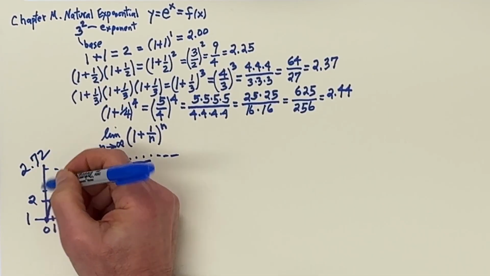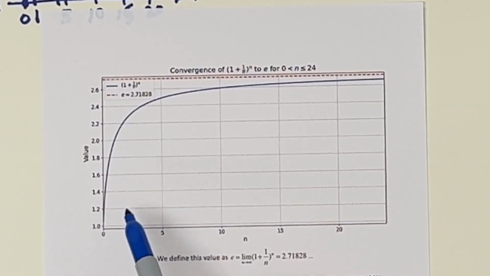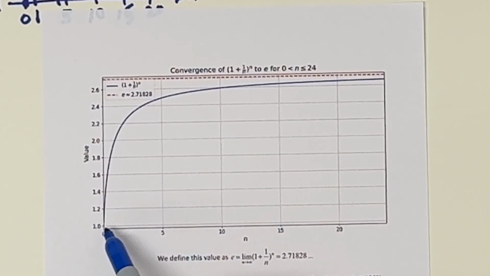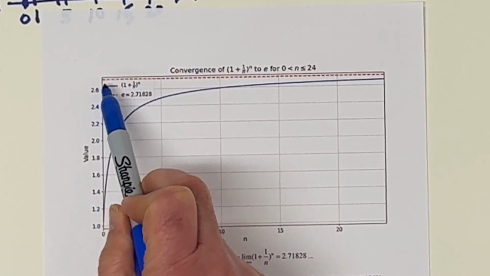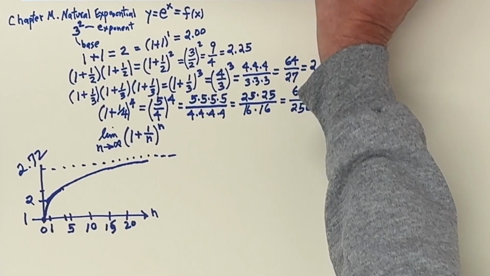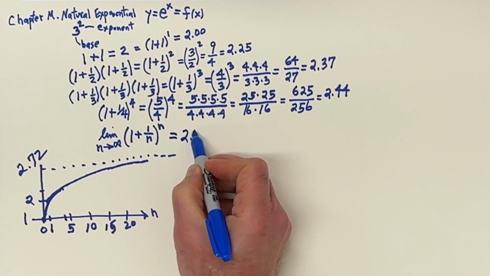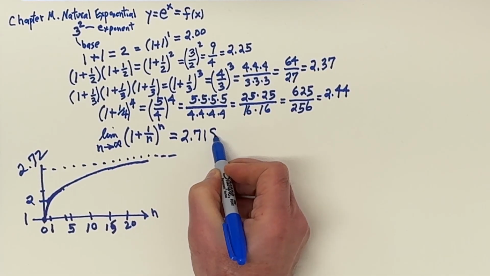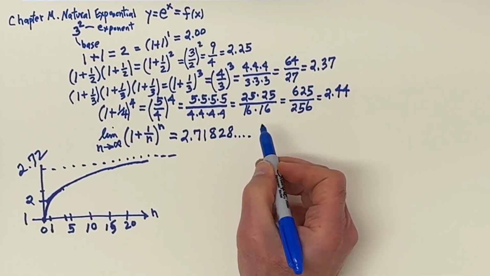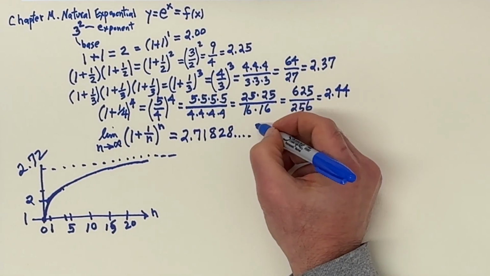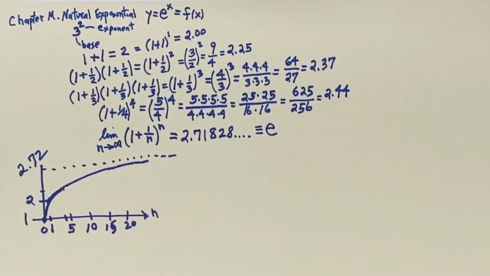So this is not to scale. Here it is in our book where I had the spreadsheet do it for me. And you can see that it's approaching 2.7 something. What this is, it would be 2.71828, and this would keep going. And this is by definition e, and that's the special base.